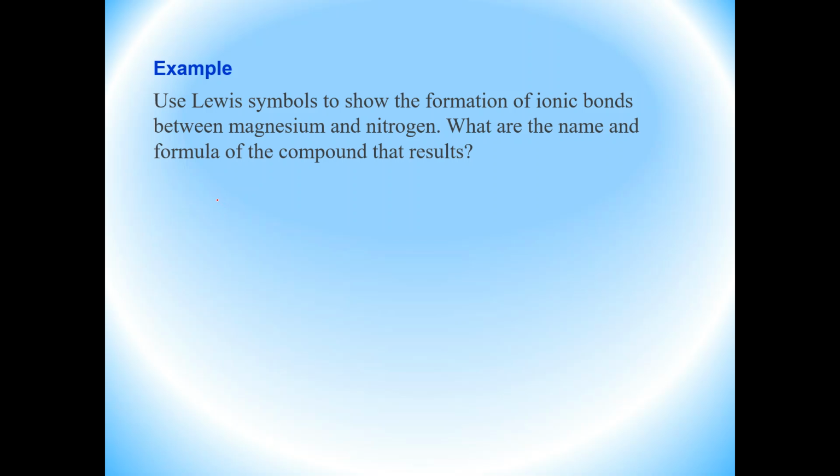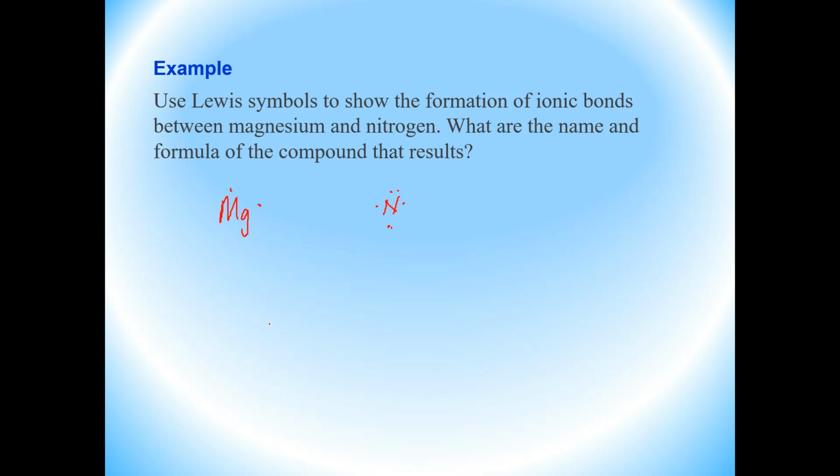In the case of magnesium and nitrogen, magnesium has 2 electrons on its outer shell, and nitrogen has, actually, 5 electrons, I'm sorry, 5 electrons on its outer shell, right?